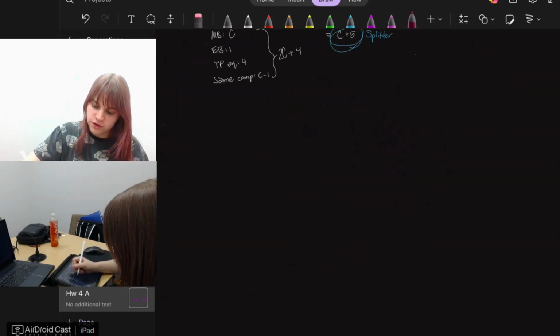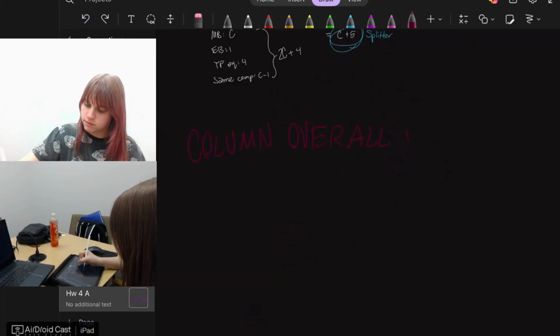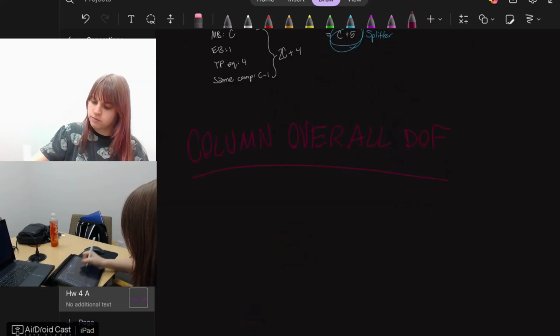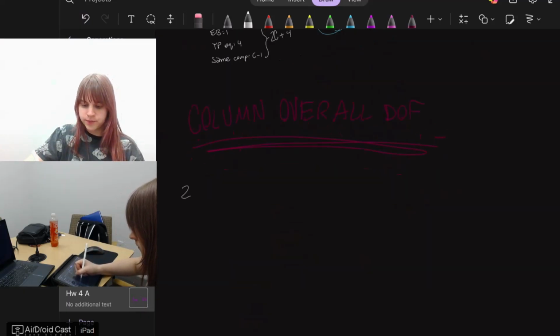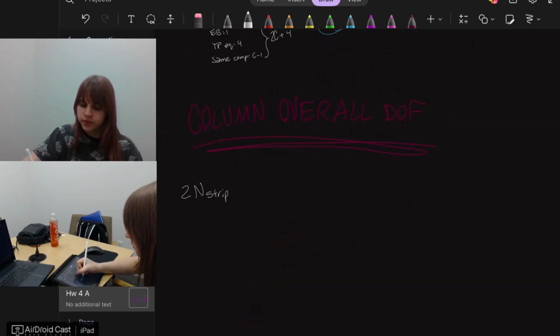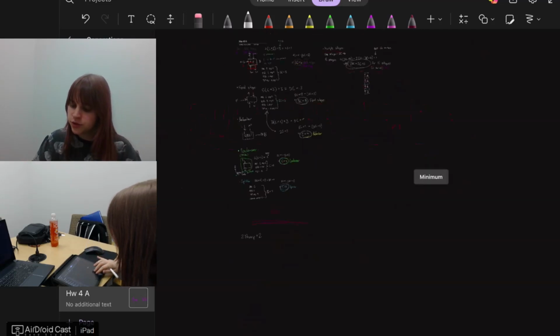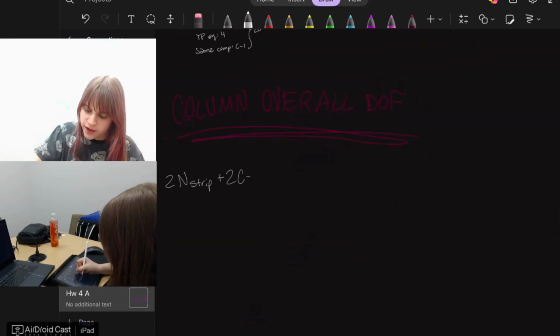And now we want to do the column overall degrees of freedom analysis. So we have 2n strip, that is the number of stages in the stripping section, plus 2, so this is from above, plus 2C, plus 5.